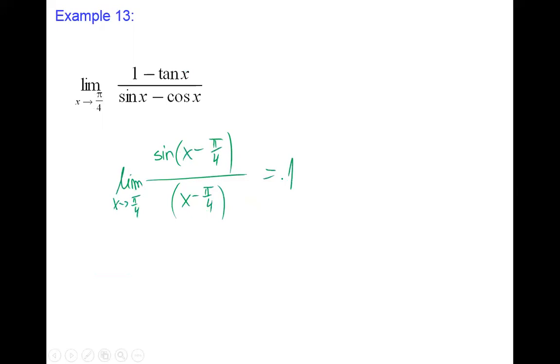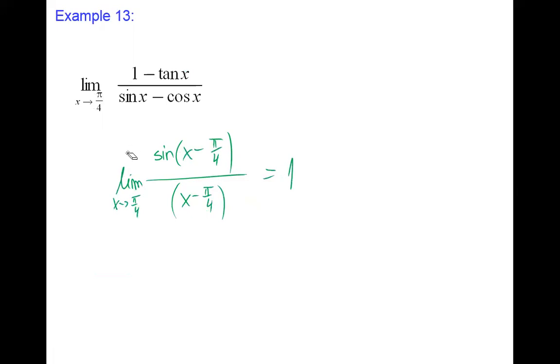But in order to think that I might use the property, I should really see this somewhere inside this expression. That means sine of, if x is pi over 4 minus pi over 4 is 0. Then I will think, oh, probably I have to find the same quantity somewhere, somehow. And if x goes to pi over 4, this limit is 1.